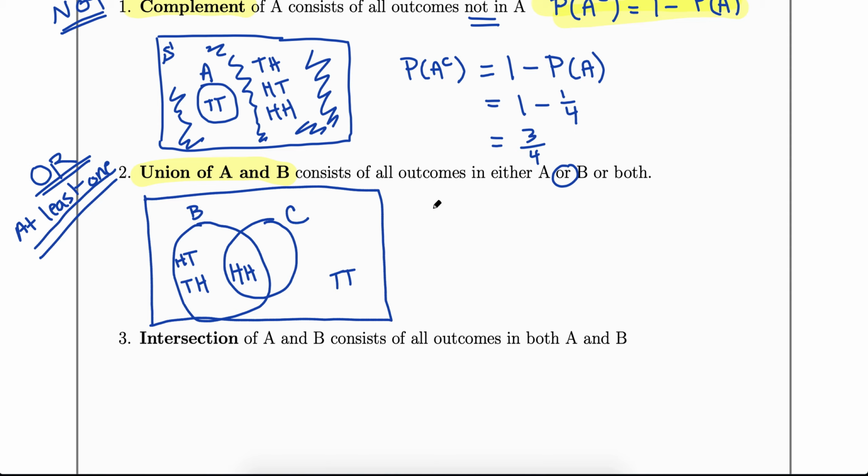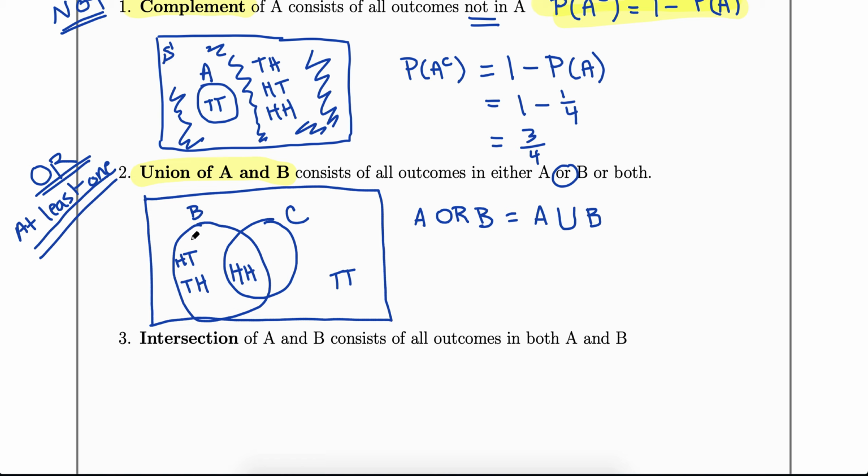So if I'm talking about B or C, that's our keyword. So union means B or C, or maybe both. Our symbol for that, be comfortable with just using the word or. Also be comfortable with the symbol. It looks sort of like a U for union. Those mean the same thing.